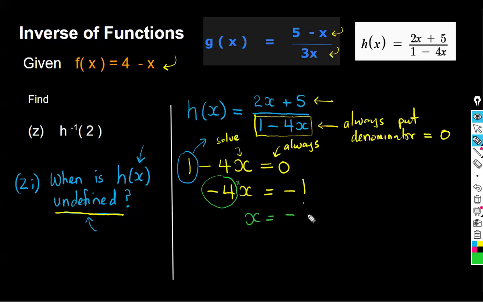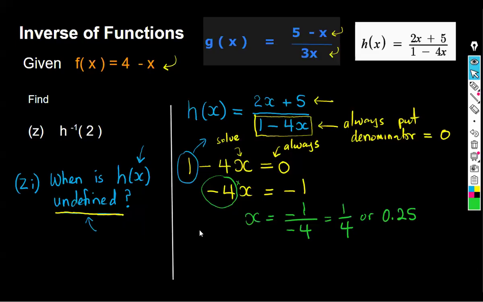When you throw across a multiply, you get a divide, but the sign, as I mentioned over and over last week, will not change when you throw across a multiply. When you divide minus by minus, you will get a positive. So the final answer is positive a quarter, or some of you want to put the decimal, not a problem. So you have the note to go with it.